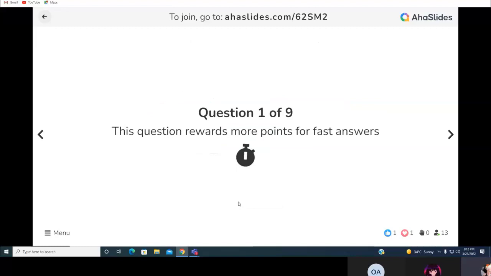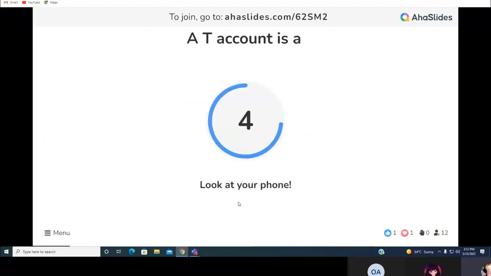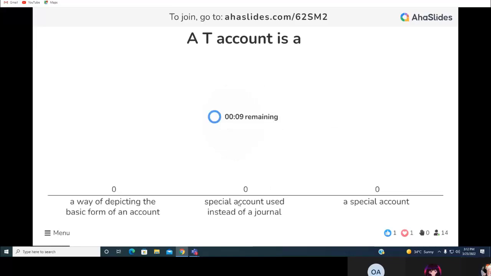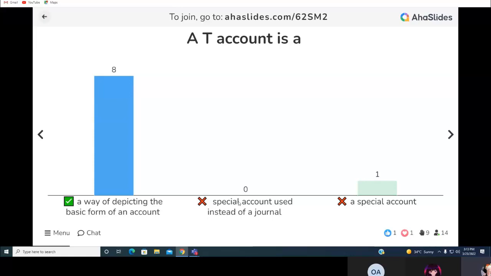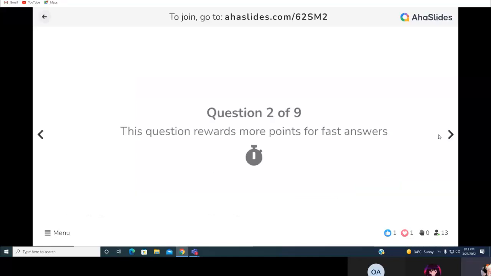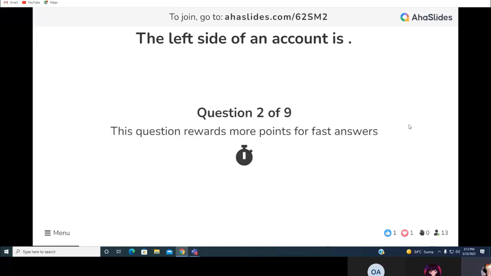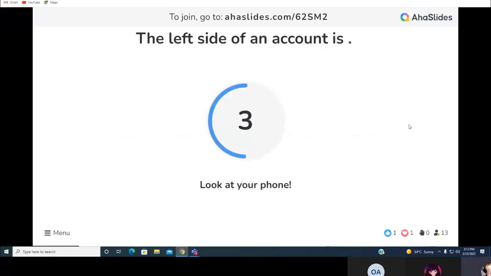All right, question 1. A T account is a way of depicting a basic form of an account. Yeah, exactly. It's just a way of thinking of each of these accounts. That's all we want to do. It's a way of thinking. All right. Question 2. The left side of the T account is called the debits.